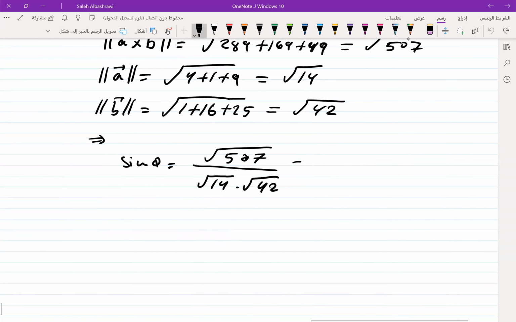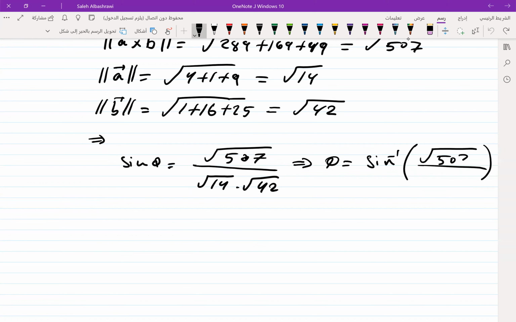From this one, we can find the angle, which is theta equal to sine inverse of all of these. That will be the square root of 507 divided by the square root of 14 multiplied by the square root of 42. And then using the calculator to find theta, or the angle between the two vectors A and B. So this is the idea.